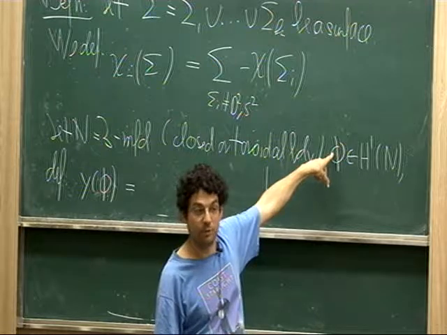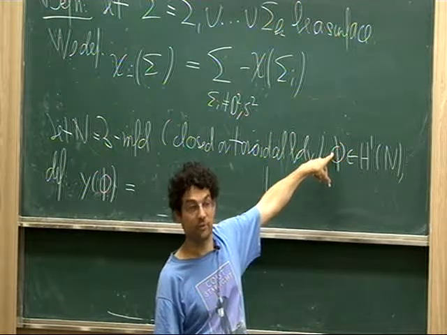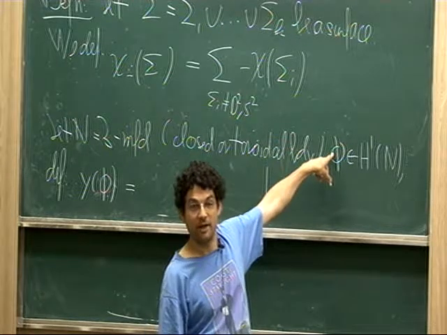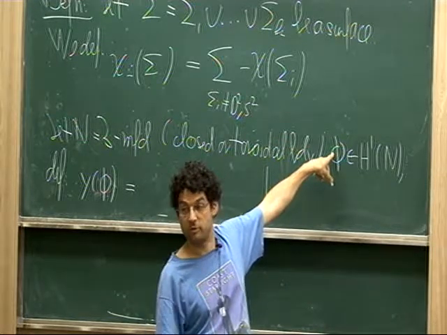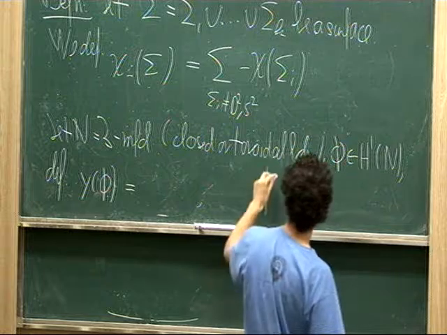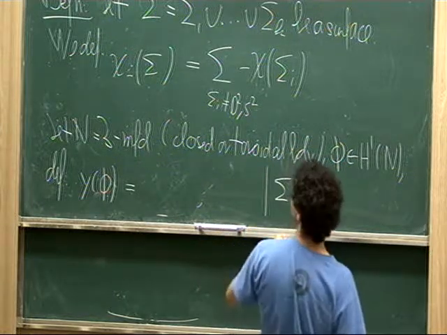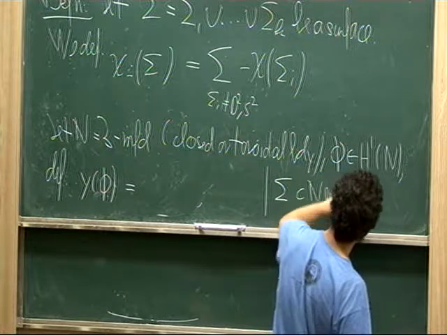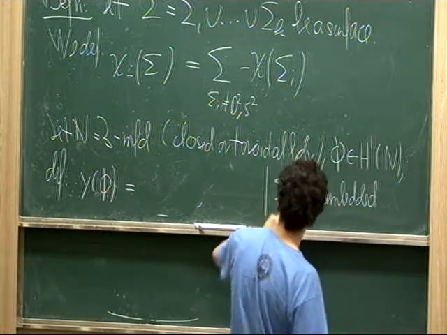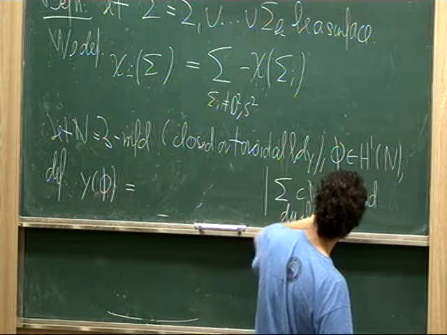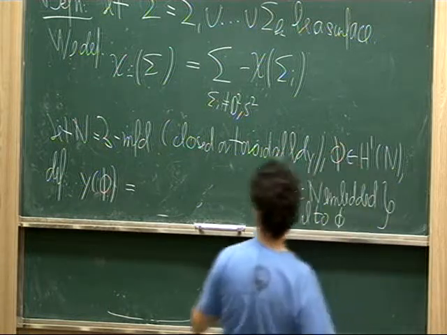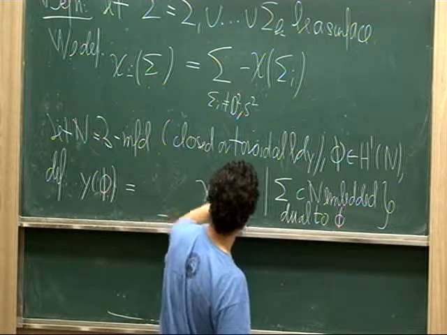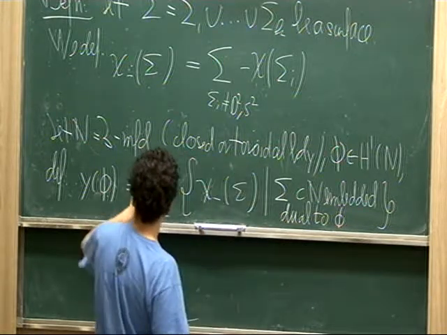So you can represent phi by an embedded surface, and you want to look at all surfaces and look at the minimal complexity of such a surface. So you look at all surfaces properly embedded in N, dual to phi, and then you look at the complexity, and you take the minimum.